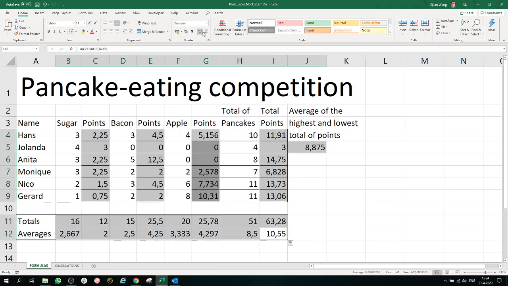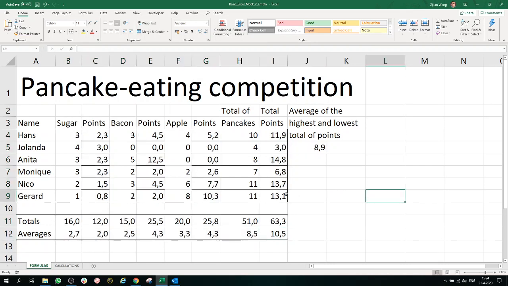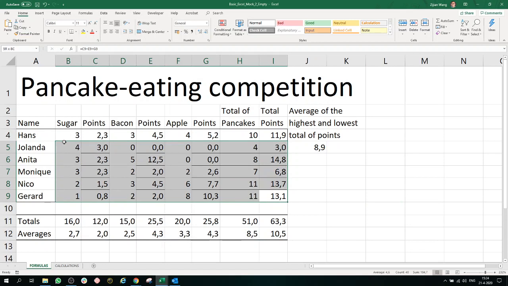Okay, and leave them with only one decimal by the decrease decimal button. All right, it looks fine, and we only need to fix the formatting, but I guess you know how to do it, right? I'll show you one example.